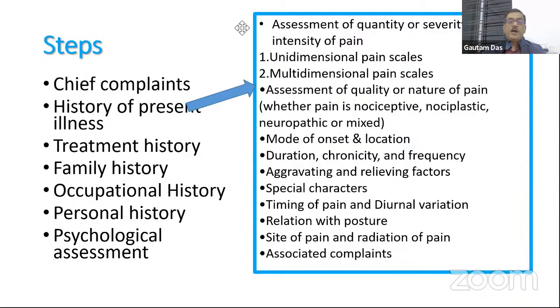One is how much the pain is hurting physically, or by the WHO IASP definition, the sensory component. Pain is an unpleasant sensory and emotional experience. How much is the sensory component is assessed by the unidimensional pain scale. It assesses only how much pain is physically hurting.